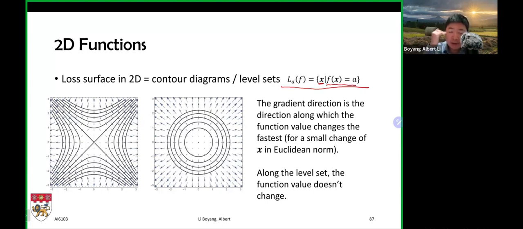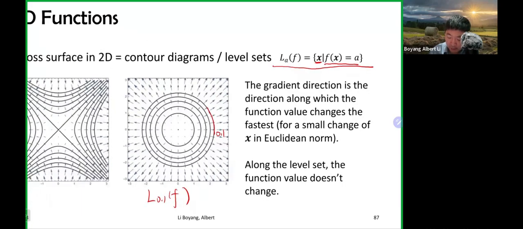So this set basically contains everything. For example, if my function value for this circle is 0.1, then L 0.1 of f would be the level set that contains all the inputs x whose function value is 0.1, and that would include everything.